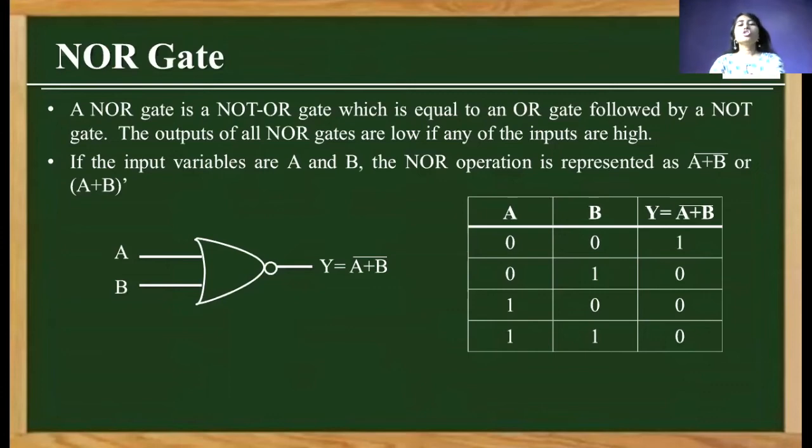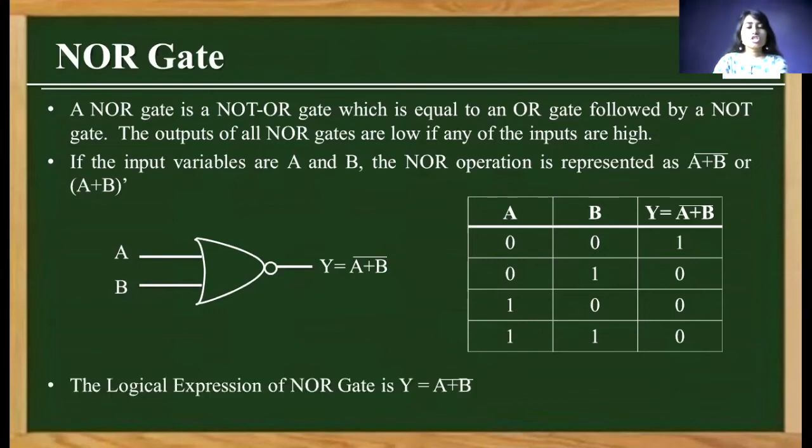So here 0 NOR 0 is 1, and for any other operation, whenever one of the inputs becomes 1, we have a 0 output. So 0 NOR 1 is 0, 1 NOR 0 is 0, 1 NOR 1 is 0. The logical expression of the NOR gate is Y equal to (A plus B) whole bar.